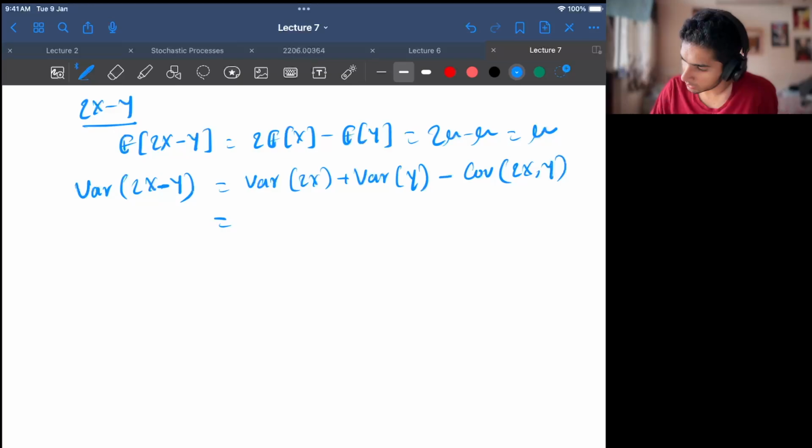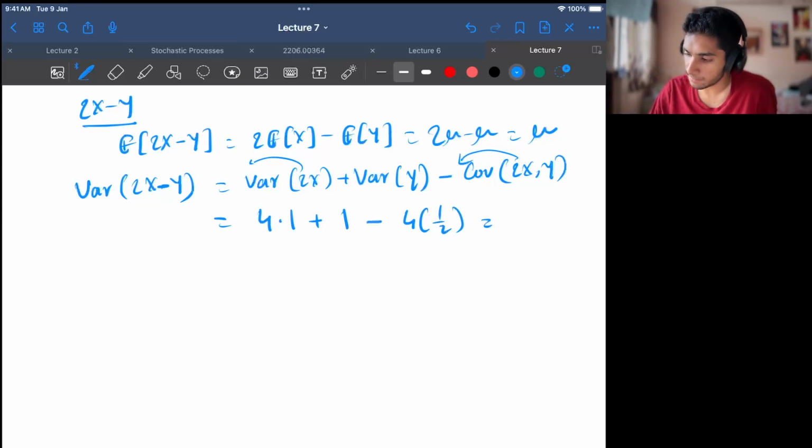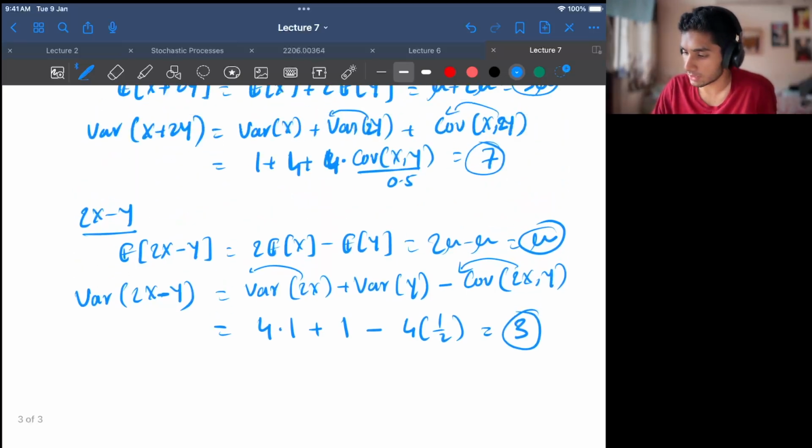Now if 2 comes out, it will become 4 times 1, plus variance of y is just 1, minus 4 times covariance of x comma y, which is 1 by 2, half. So this is 4 plus 1, 5, minus 2, which is 3. So the mean is mu and the variance is 3.